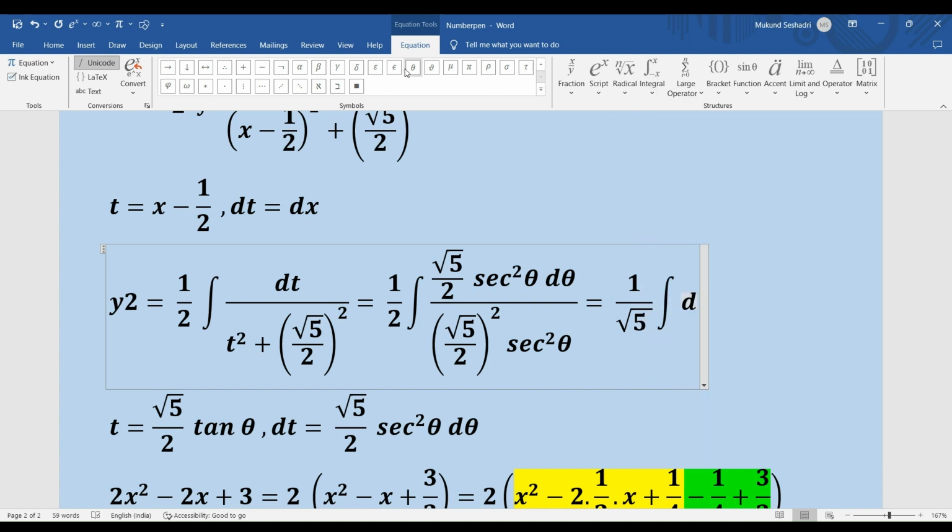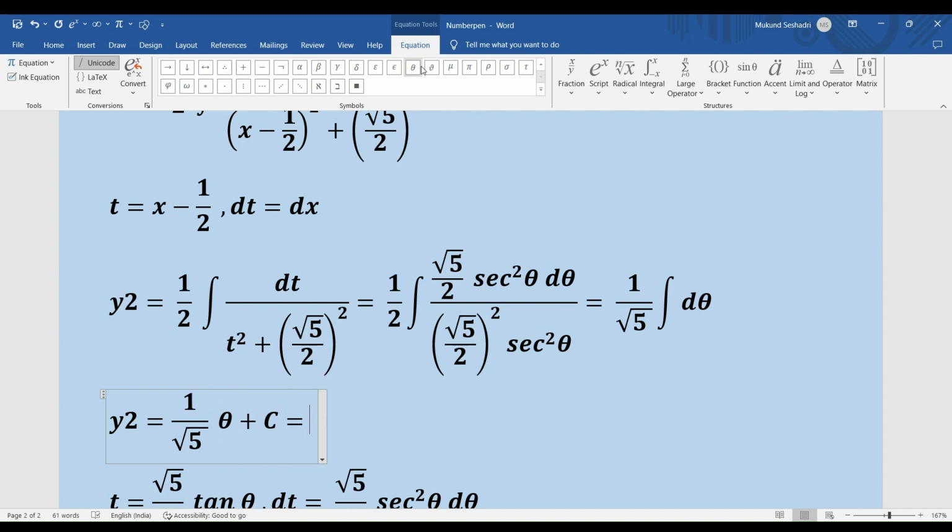And what is the integral of d theta? It is nothing but theta, right? So all that I get out here is 1 by root 5 times theta plus my constant c.